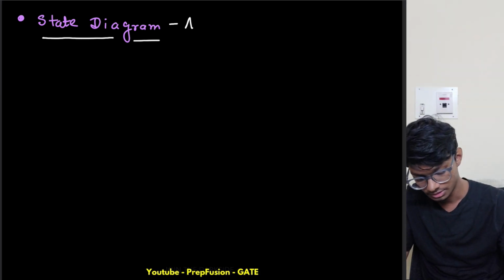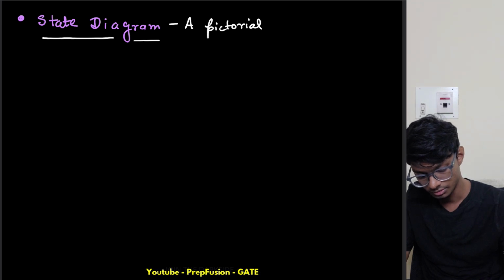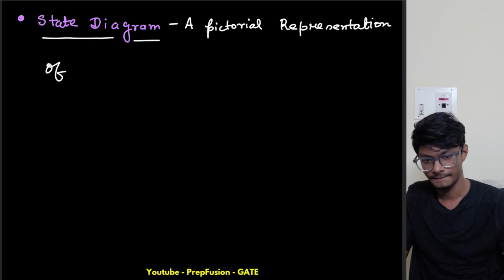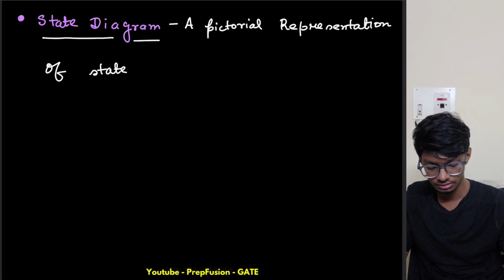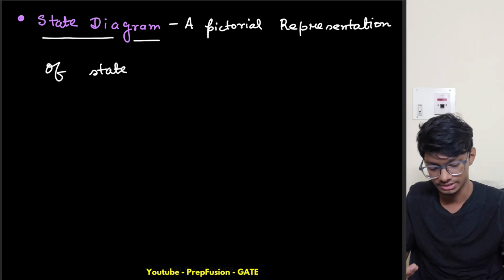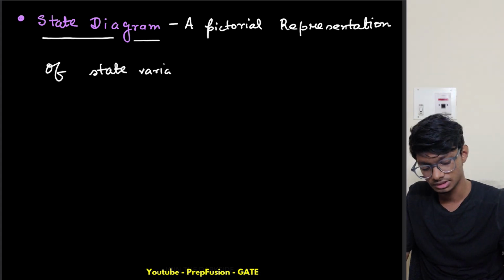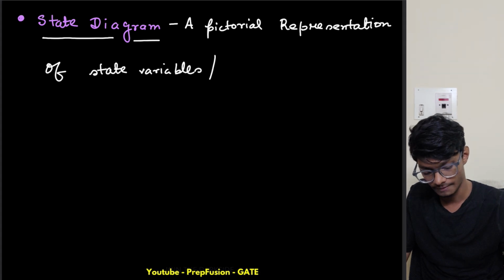A state diagram is a pictorial representation of state equations, basically state variables, or you may say state equations.